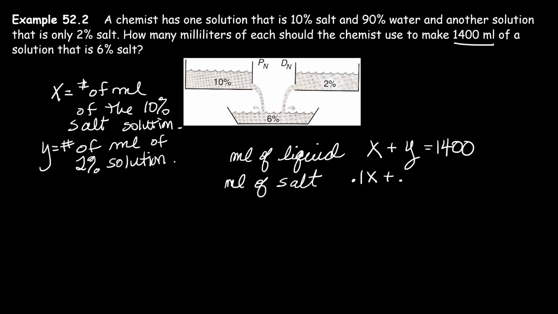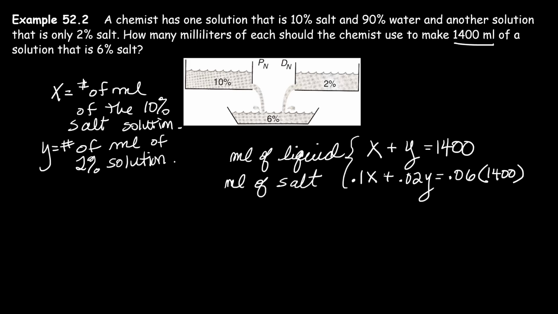So that's 0.02 of Y. We want 6% of the final milliliters to be salt. So 0.06 of the 1,400 milliliters will be salt. So salt from the first bucket plus salt from the second bucket will be the amount of salt in the last bucket. Okay, so we've got, again, two equations, two unknowns.